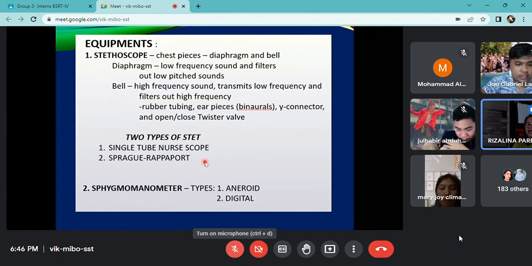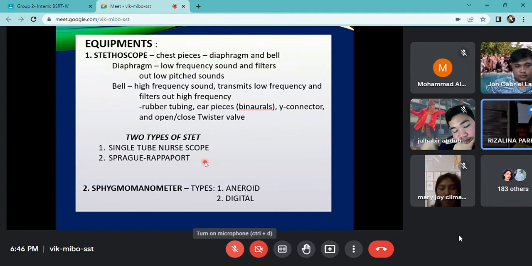Okay, theoretically, ang Sprague-Rappaport is more accurate than the single tube Nerscope dahil binaural siya. Dalawa ang kanyang tube na malalaki yung tube. Kaya lang, mas maikli yung kanyang tube so that mas malakas ang dinig mo nung kanyang breath sounds o nung kanyang lub-dub sound. Okay? So, Sprague-Rappaport.